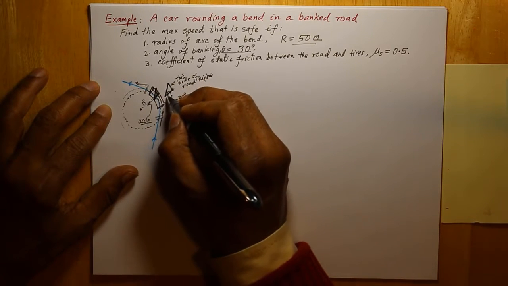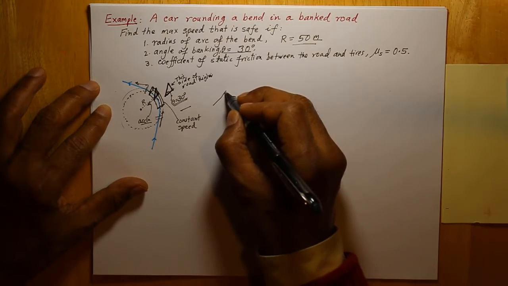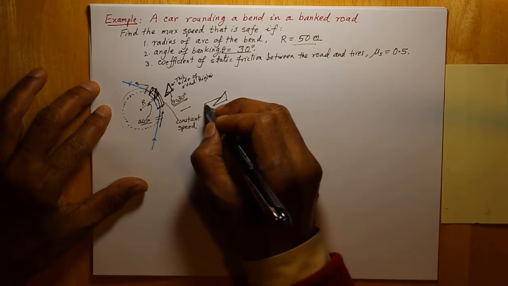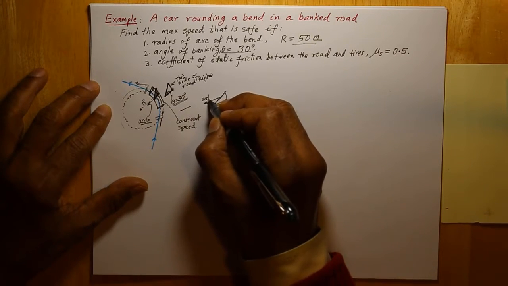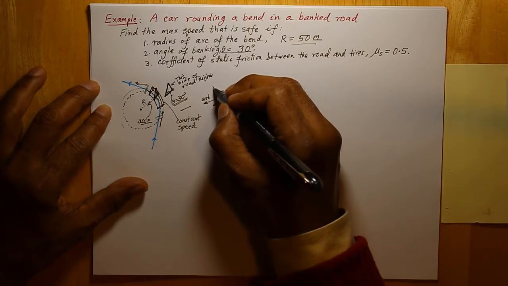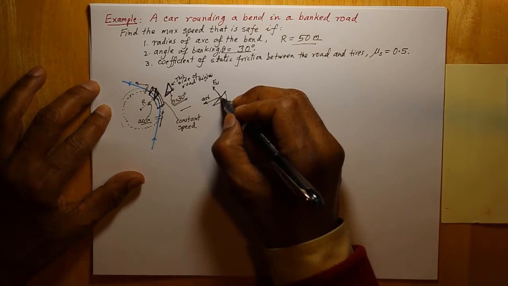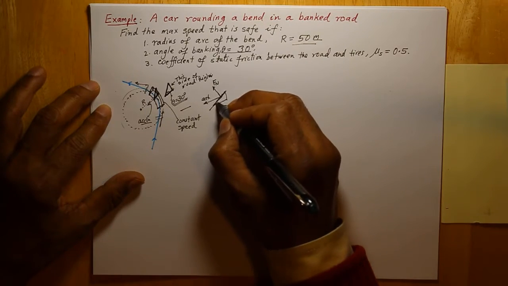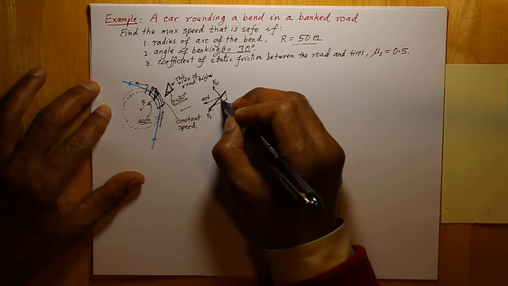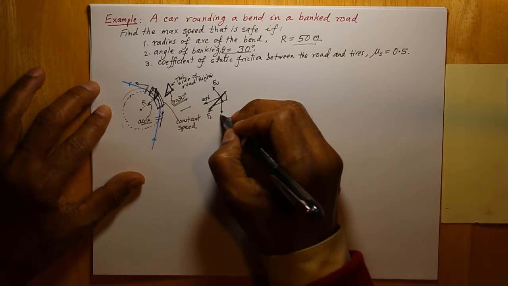The road is shaped like that at any point, and the acceleration is in that direction, so the normal force will be in that direction. Static friction force will be in that direction, and gravity will be straight down.